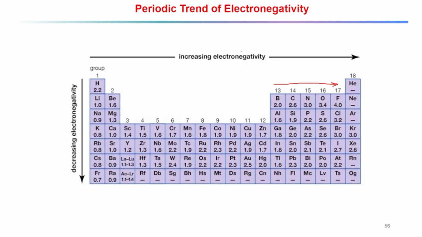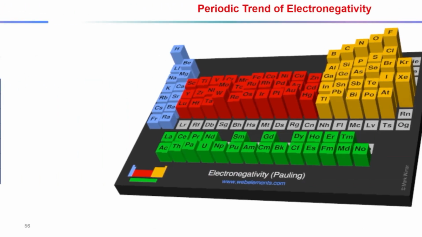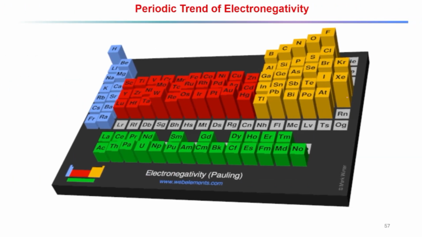So if we go from down to top, the electronegativity value will increase. These are the electronegativity values of all the atoms. And this is the 3D bar plot from which you can clearly see that electronegativity is increasing along the period, and it is decreasing along the group.